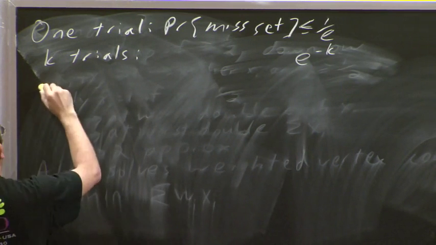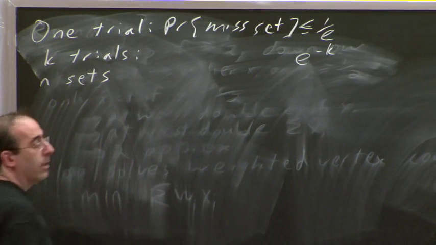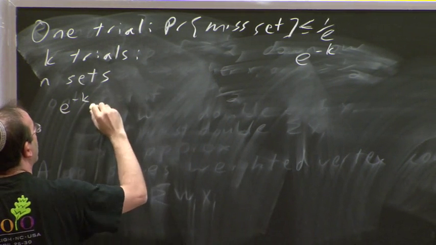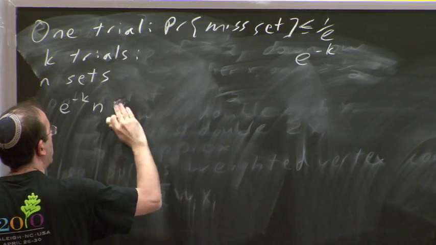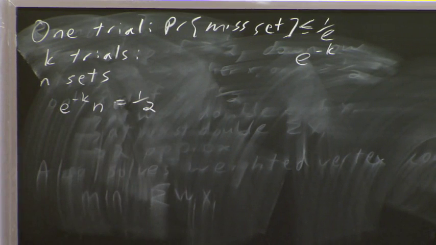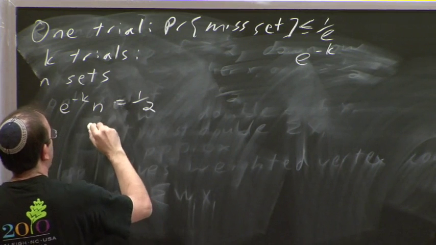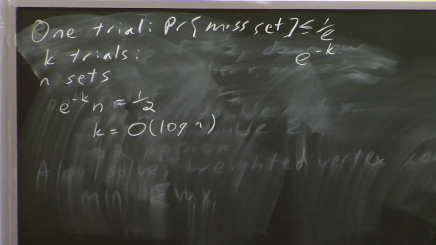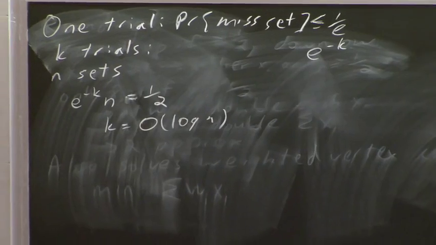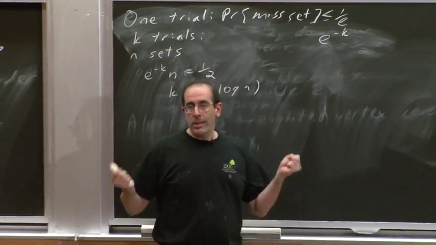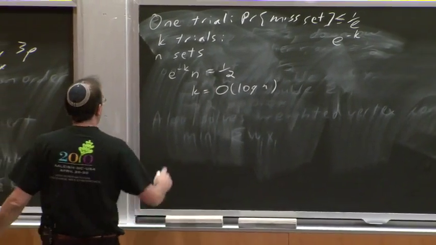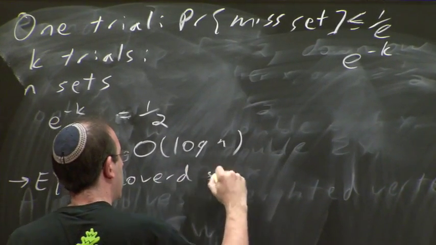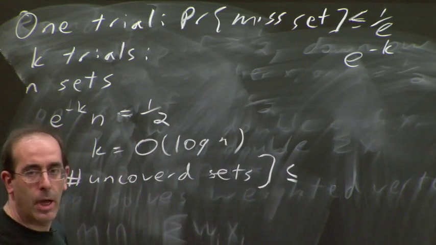Now, if there are n elements that we want to cover, and we set e to the minus k times n to be equal to a half, in other words, k equals order log n, then if we run k trials, so that the probability that any one element is uncovered is e to the minus k, we can conclude that the expected number of uncovered elements is at most how much?